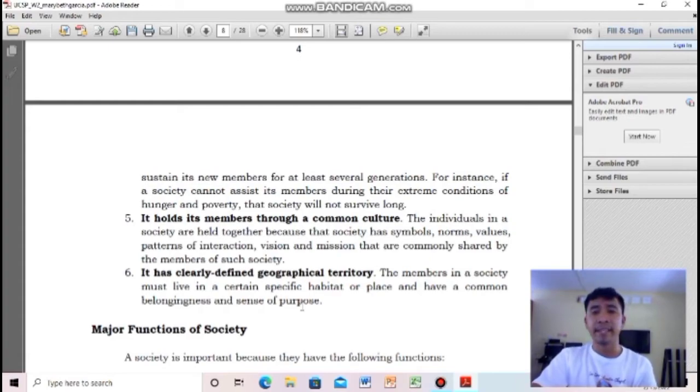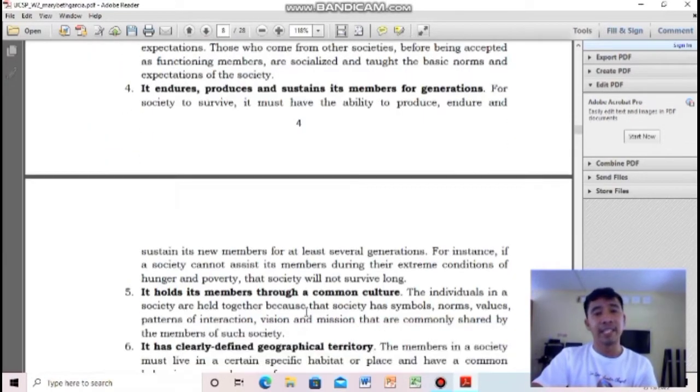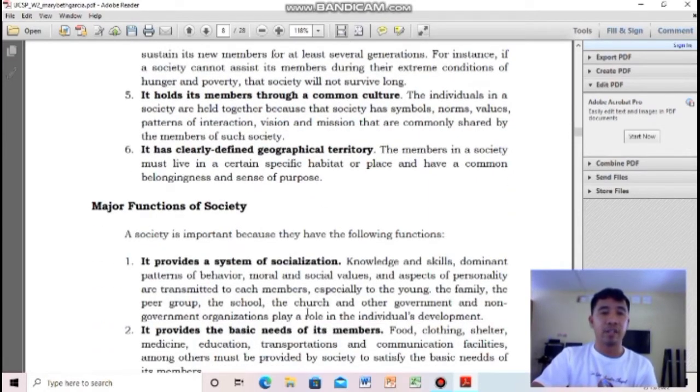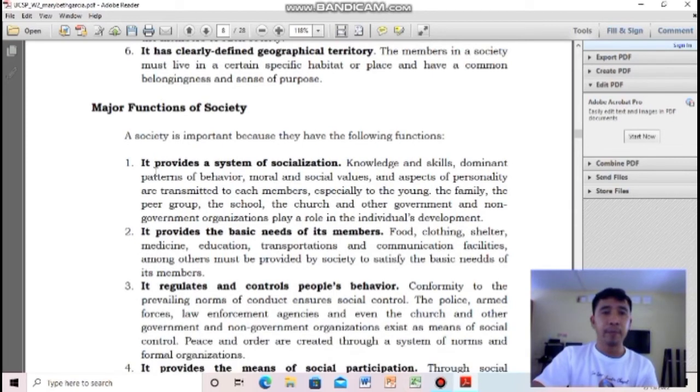Okay. So we are done with the characteristics of society. Now let us proceed to the major functions of society. So number 1, it provides a system of socialization. Pag sa society, we have this system of socialization on how we interact, no?